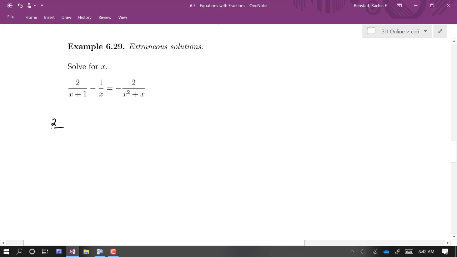So I'm going to rewrite this, giving myself some space. And then I'm going to put this minus up top. And then in the bottom I've got x times x plus 1. So the LCD for this equation is x times x plus 1.